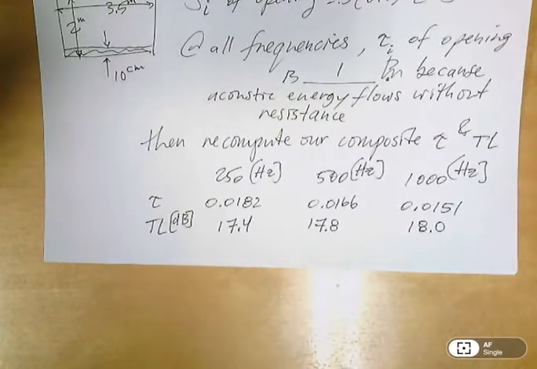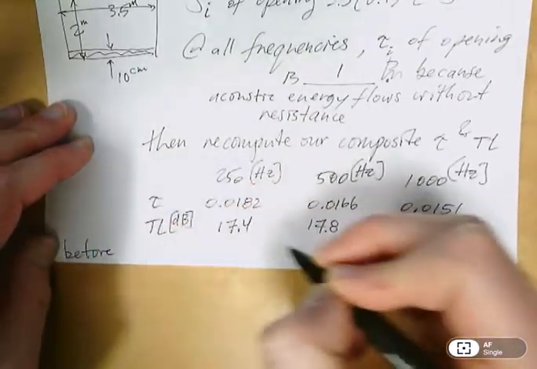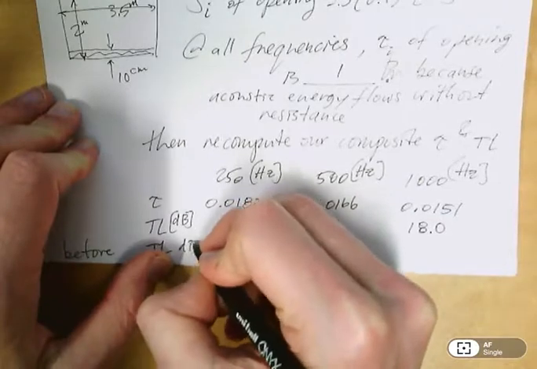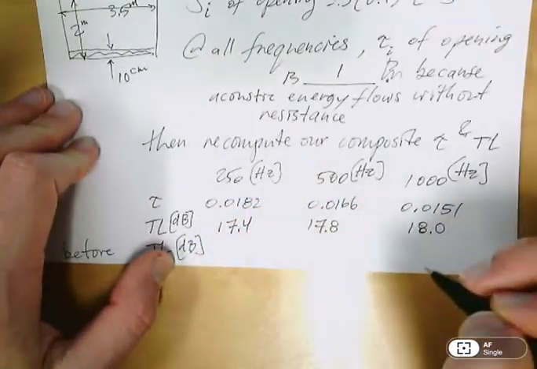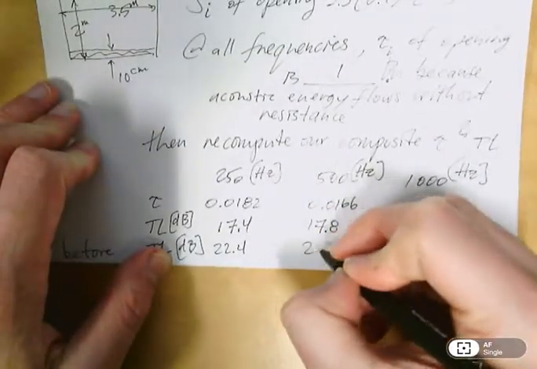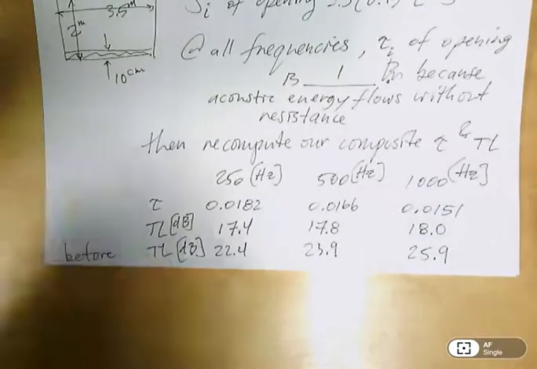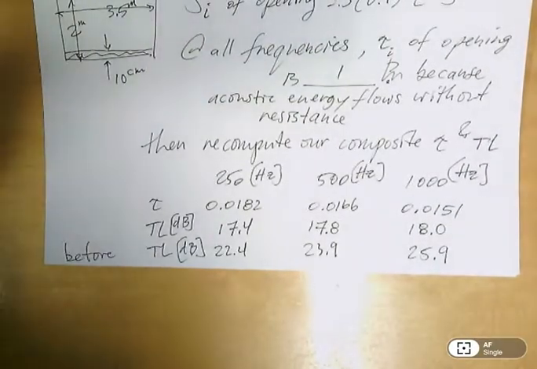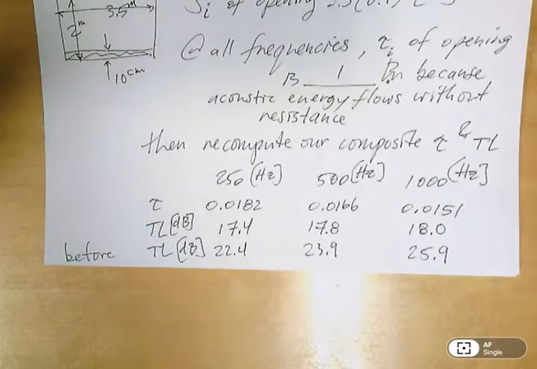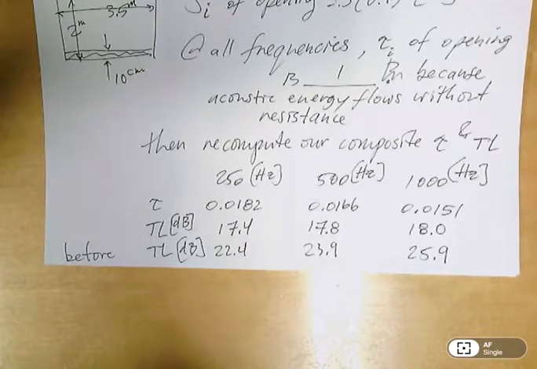So how does this compare to our prior values? Before, the TL values were 22.4, 23.9, and 25.9. So that opening has passed a tremendous amount of energy, even though it only constitutes a small area of 0.35 meters squared.